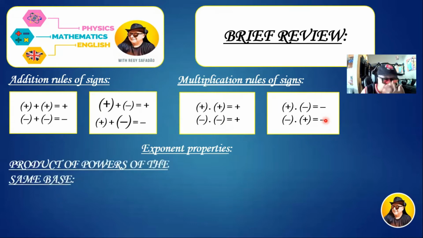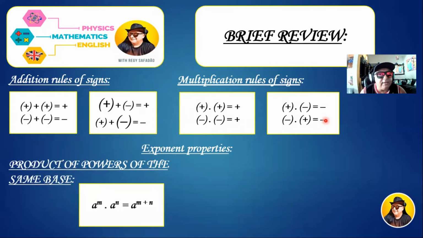And now, product of powers of the same base. All right, see what we do here. If we have the product of powers of the same base, we keep the base of the power and add the exponents. Only this. Keep the base and add the exponents. All right, and division.